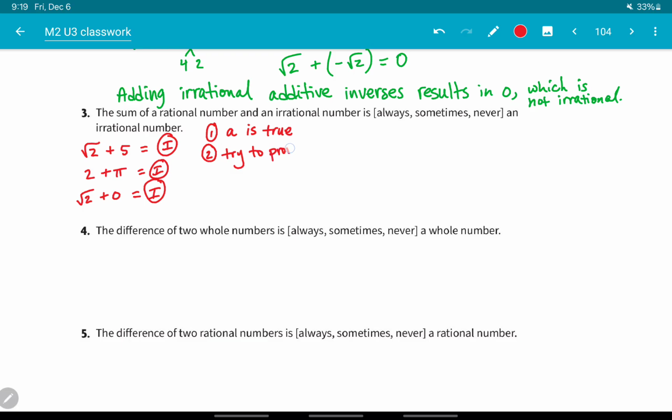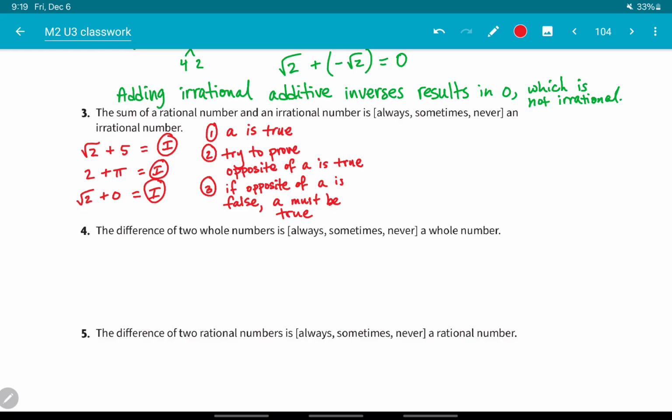And if we can't, if the opposite of A is false, then A must be true. Okay, so that's how a proof by contradiction works.